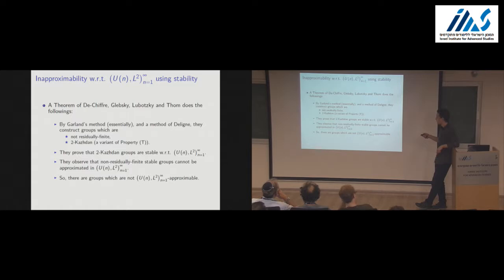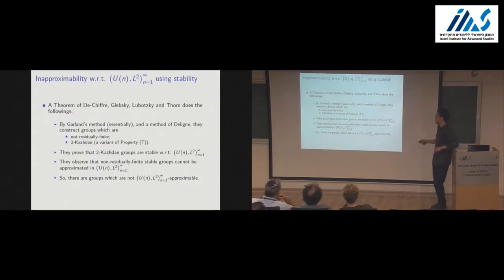Using Garland's method and some method of Deligne, they construct groups which are, first, not residually finite. It means that the intersection of finite index subgroups is not trivial. And two, they are Kazhdan groups, which is a variation of property T. It just means that the second cohomology in all Hilbert spaces vanishes instead of the first one, which would be property T. And they prove that those Kazhdan groups are stable with respect to the unitary group and the L2 norm.